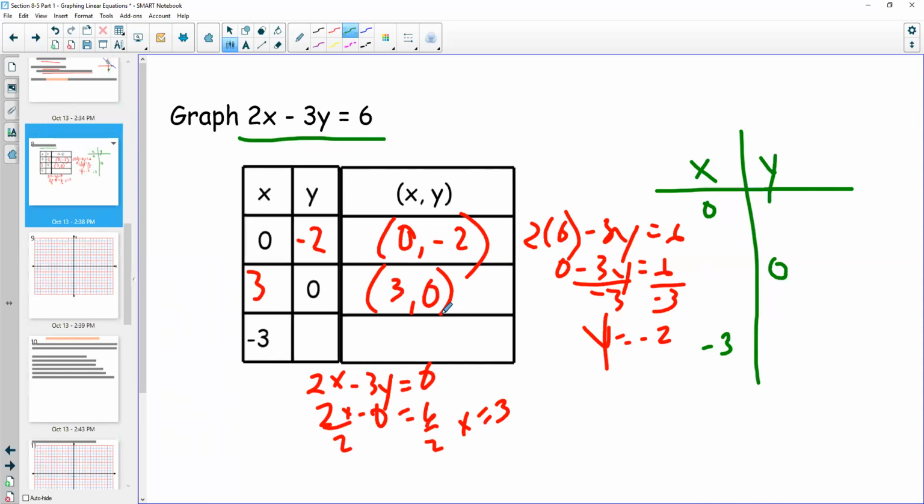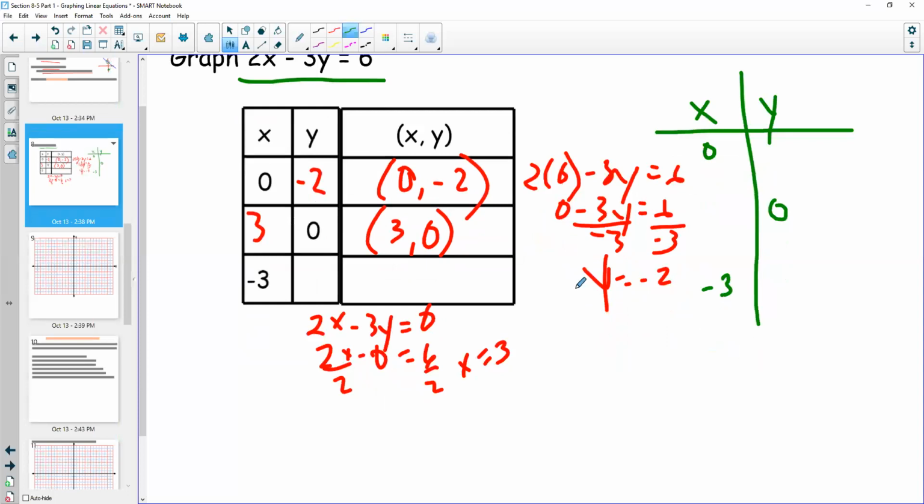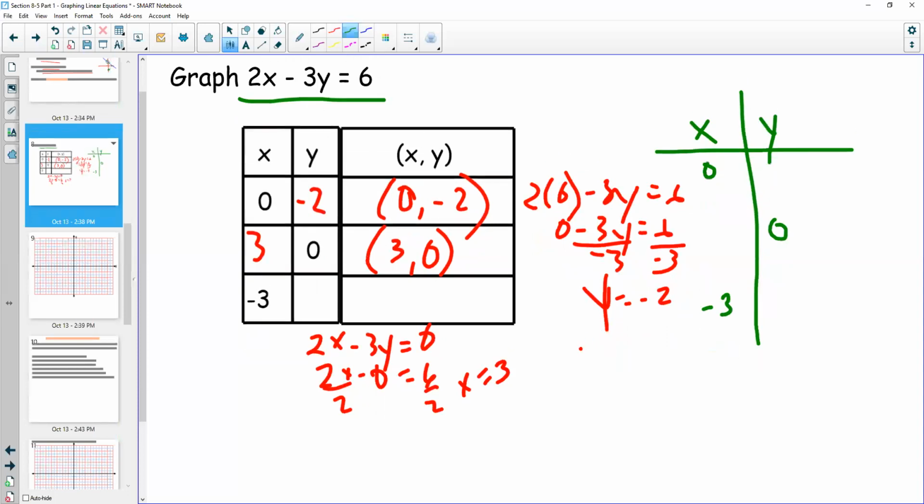And then I'm gonna put in negative 3 for x, or I could put a 1, or something that's gonna make it work out nicely though, so we don't have some funky thing to do. All right, give myself some room. So 2 times negative 3 minus 3y equals 6. I get negative 6 minus 3y equals 6 plus 6.